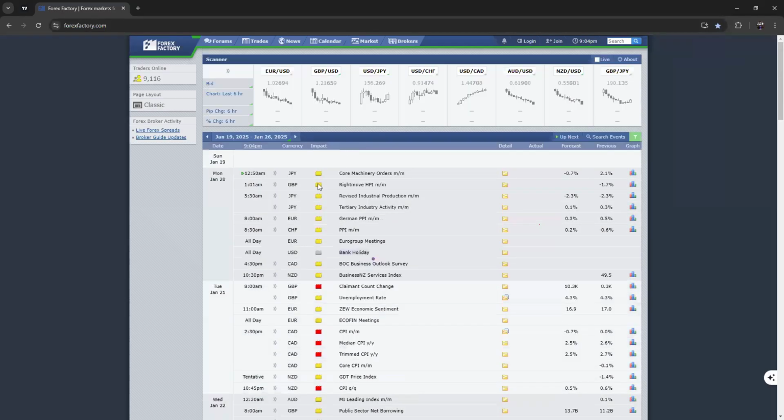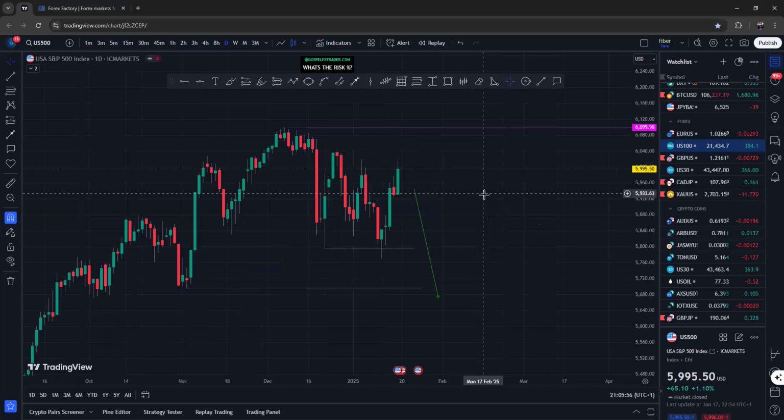Monday has no high impact news, but the 20th is the inauguration of the president. I would advise, let's wait on Monday, see how the markets play out, and then we can have a clear direction of what to expect.